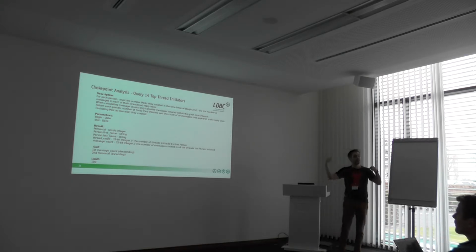Remember that I talked before about the message trees in the DataGen talk. So we look for messages that have a certain size of this tree, and then do this counting in such a way that the result finds the top thread initiators, with some information, a sorting criteria and a limit.